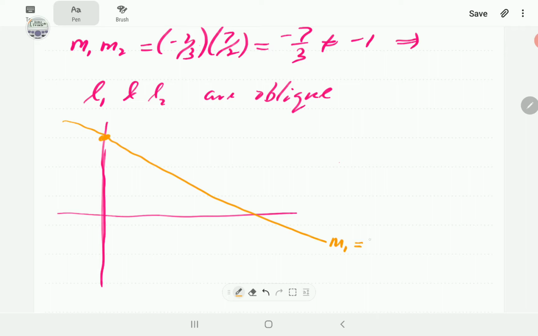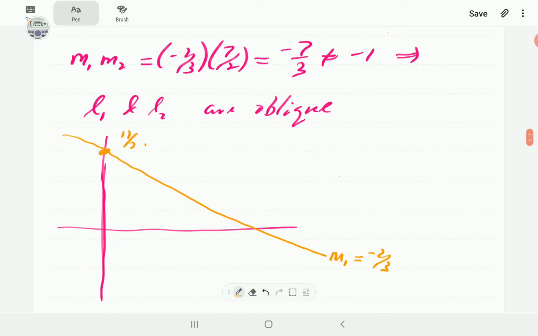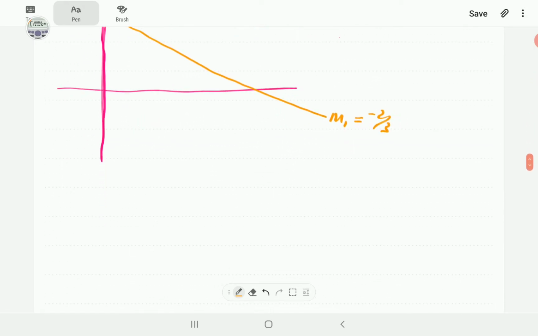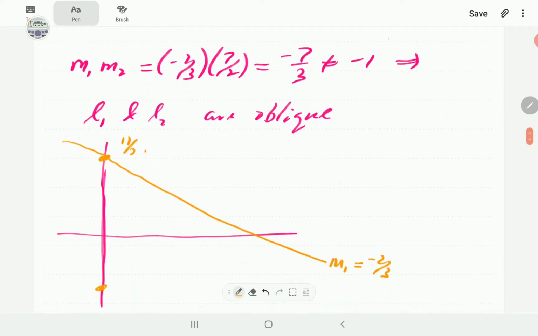So that's L1, and then L2 goes through (0, -1/2), so somewhere this side, it's got a gradient of 7 over 2. So it's very much upsloping.